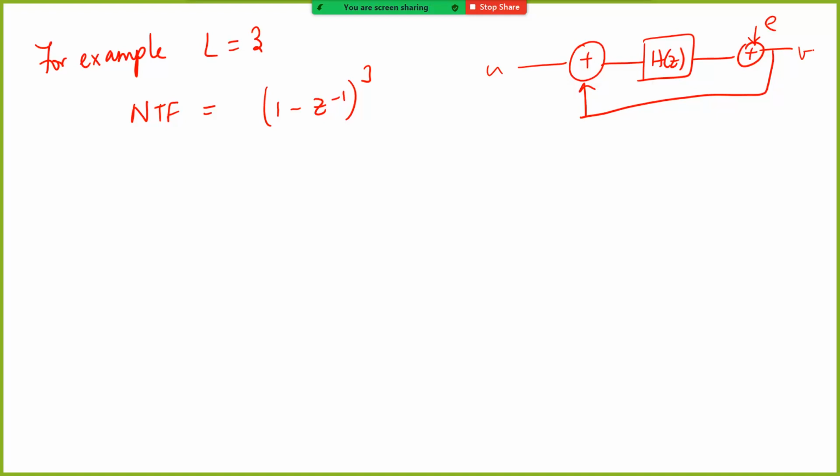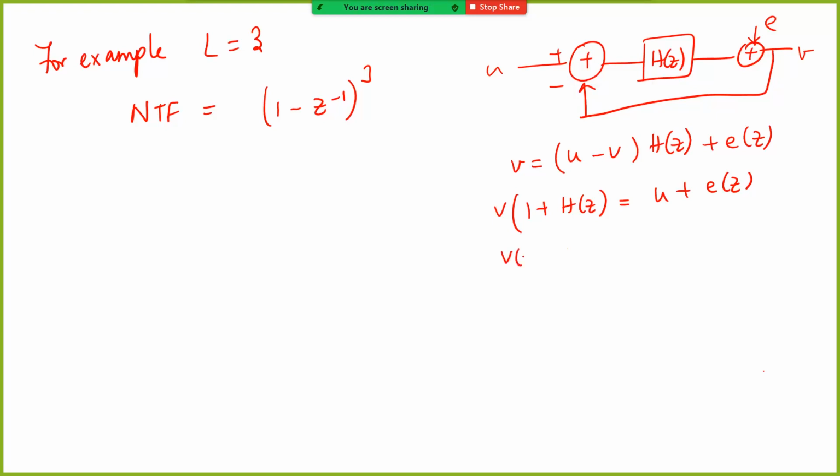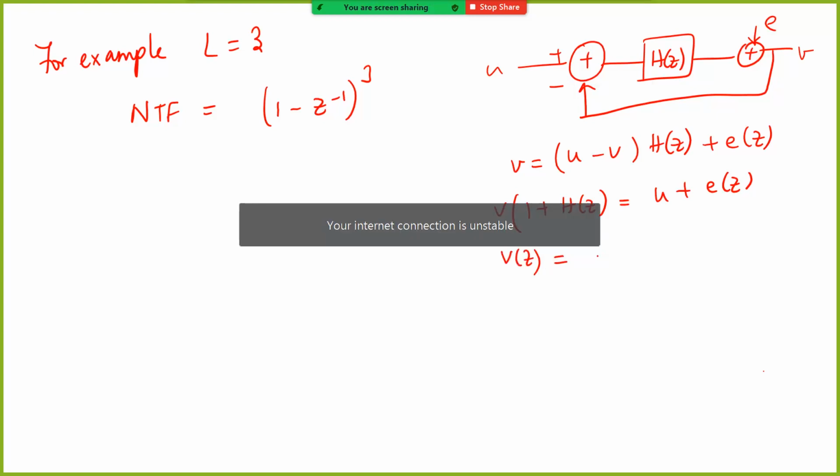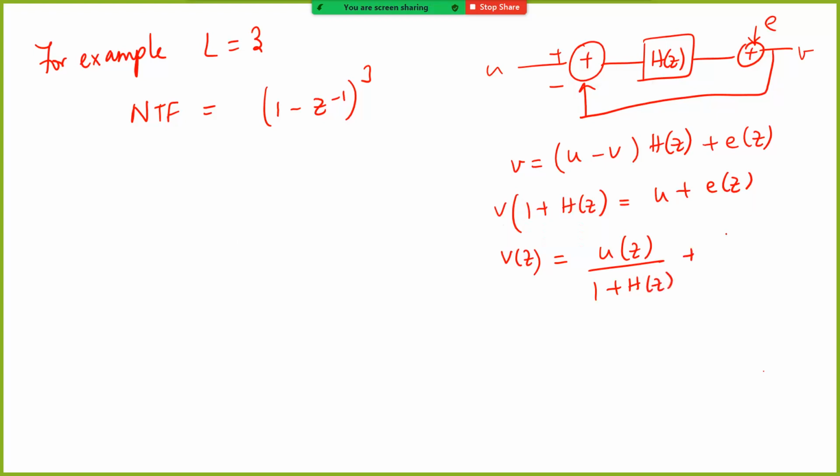V is nothing but U minus V times H of Z plus E of Z. So V becomes 1 plus H of Z equal to U plus E of Z, and therefore V of Z can be written as U of Z divided by 1 plus H of Z plus E of Z divided by 1 plus H of Z.